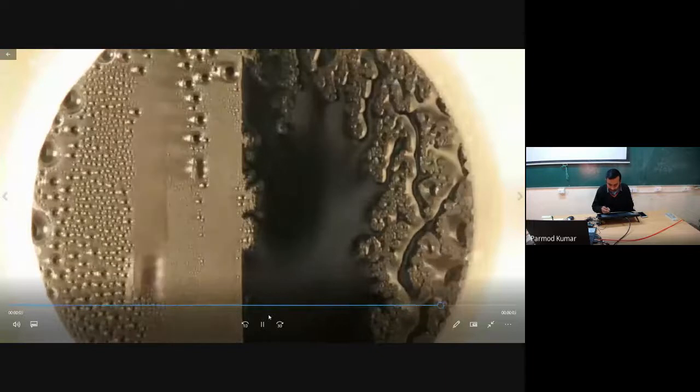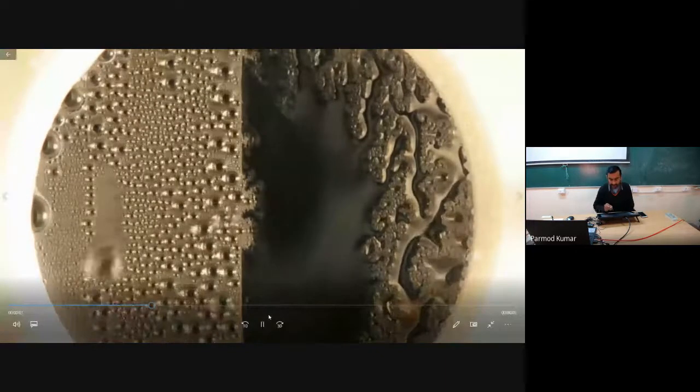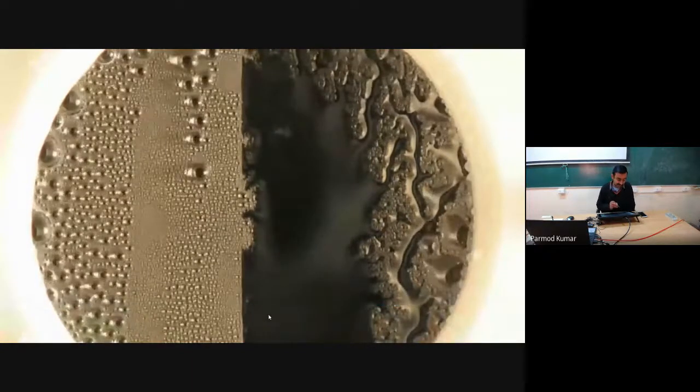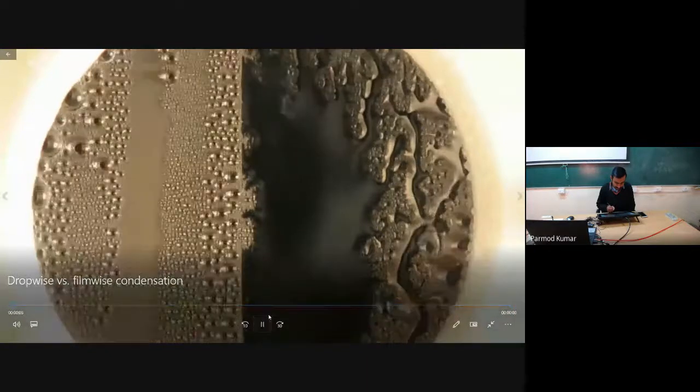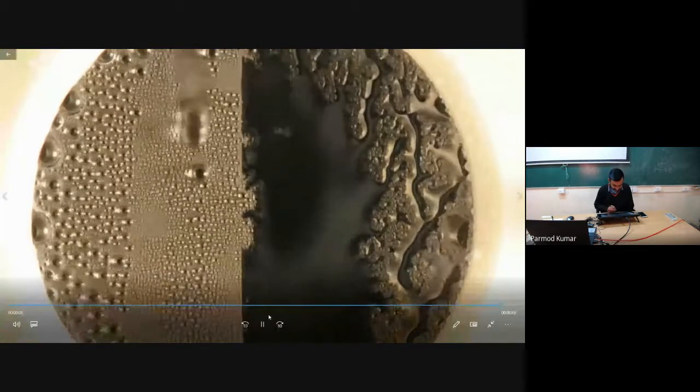Rather, the conversion of vapor to liquid takes place at the boundary between the liquid and vapor. Drop-wise condensation has a heat transfer coefficient almost 10 to 15 times higher in comparison to film-wise condensation.